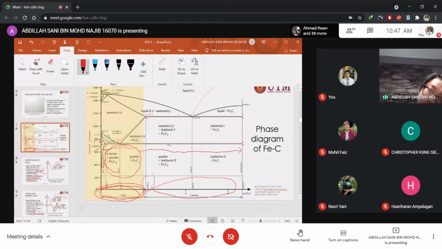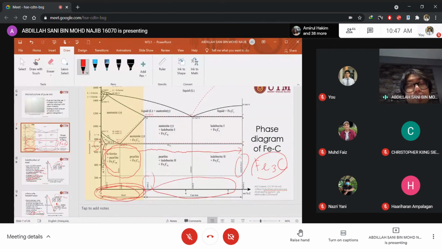So this is very small. You can see Fe3C. To the left there is ferrite, and to the right there is Fe3C, the carbide, the cementite, iron carbide.